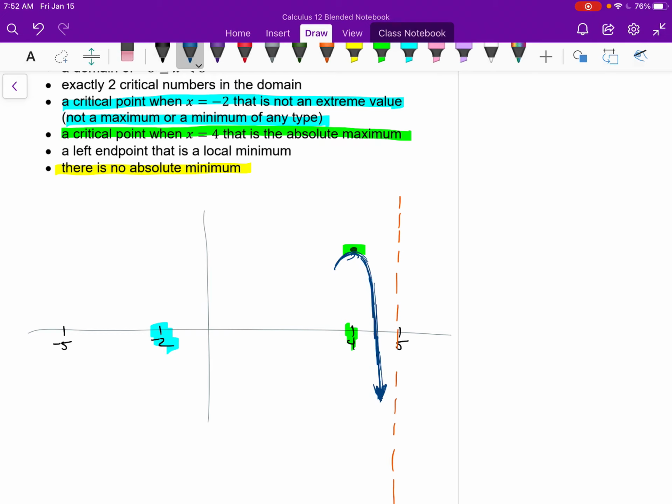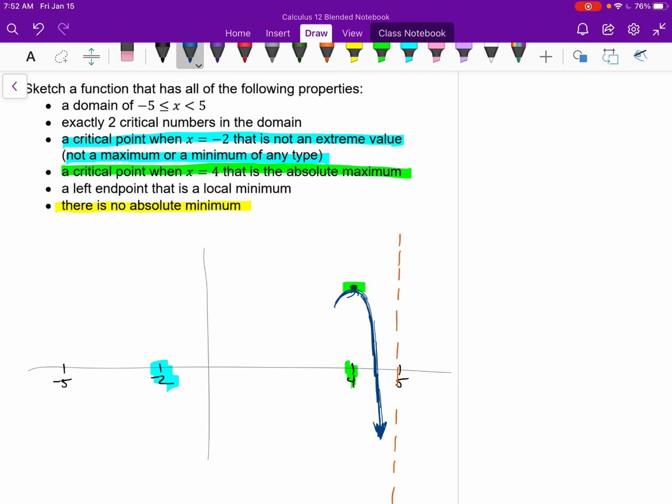So all that's really left for me to take into account now is the other side of the domain: at -5, there's going to be an endpoint there somewhere. But at -2, there has to be a critical point, which means there's some sort of critical point that is not an extreme value. It's not a maximum or minimum of any type.